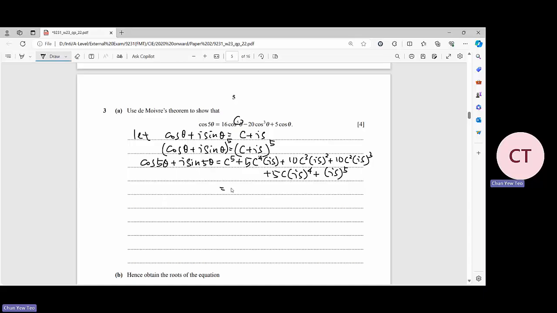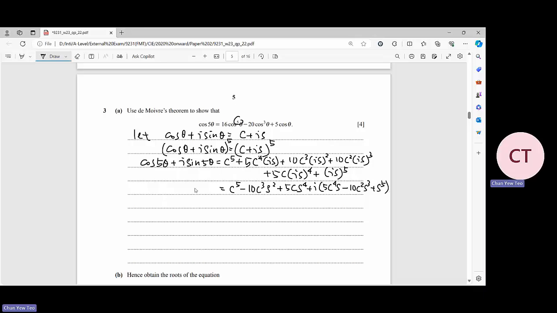If you rearrange and group the real parts together, you have c⁵ minus 10c³s² plus 5cs⁴, plus i of 5c⁴s minus 10c²s³ plus s⁵.